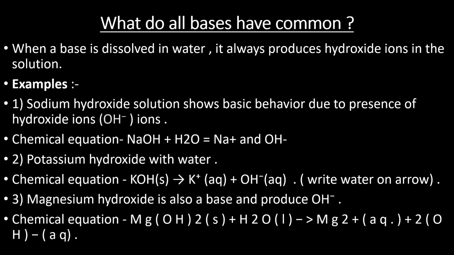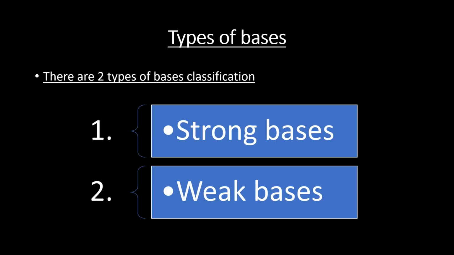In these two reactions, you see one thing in common: OH− in both equations. It means when any base is dissolved in water, it will give you OH− ions. So this is common in all the bases.